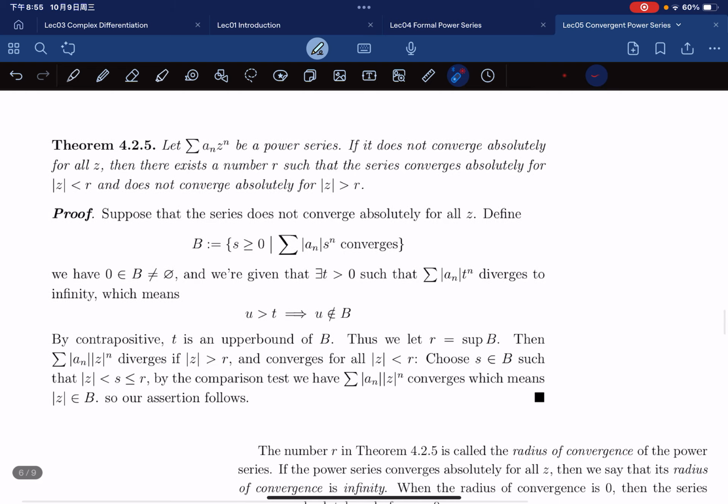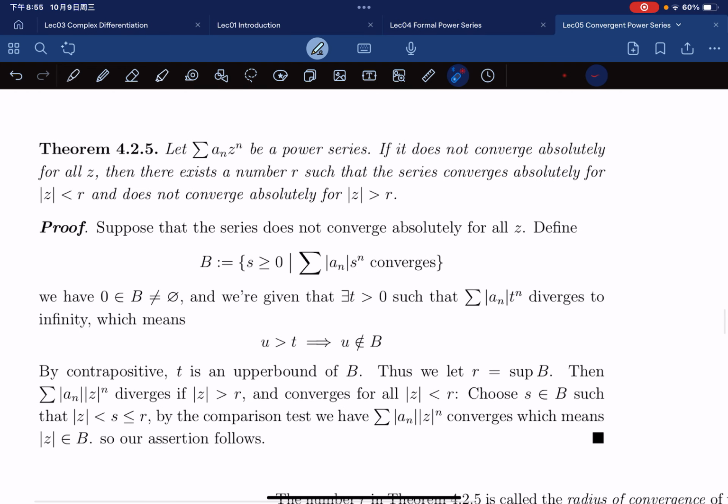So here's a theorem. Given the power series, if it does not converge absolutely for all z, then there exists a number R such that the series converges for |z| less than R and does not converge absolutely for |z| greater than R. So if it does not converge for all complex z, then there exists some supremum, some cutoff, such that we have convergence here and we do not converge out there.